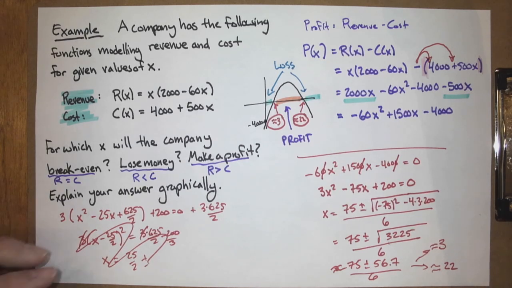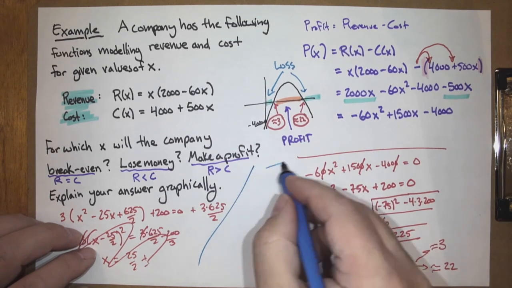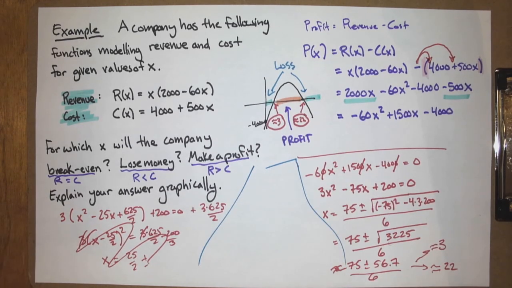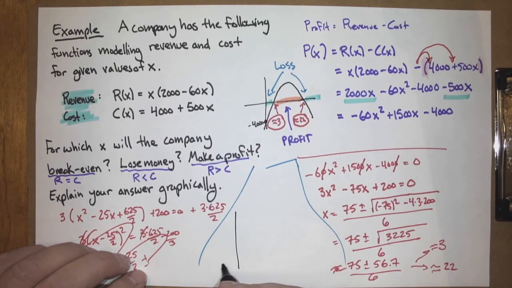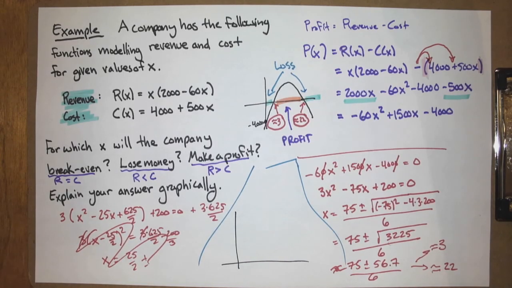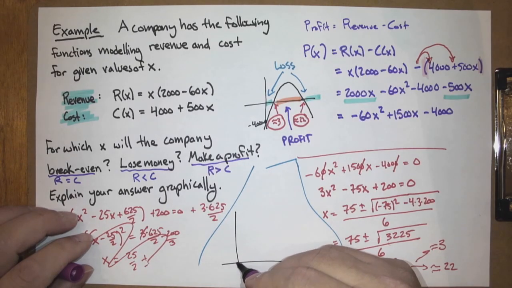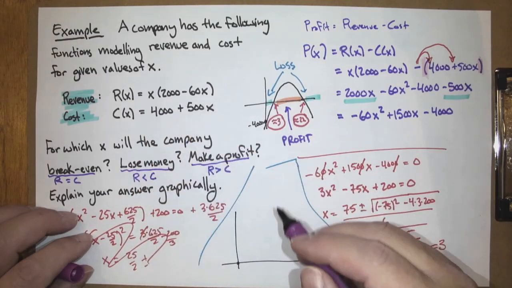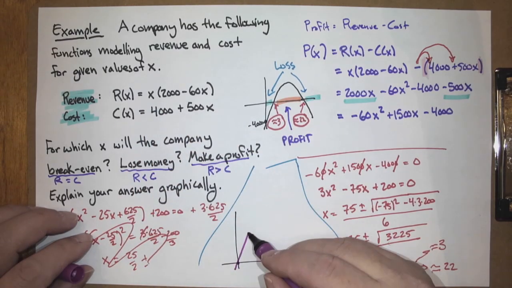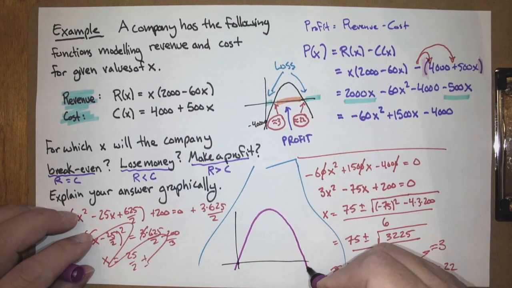You could also see this graphically in a slightly different way, which is you could say, well, we have our two functions here. We have our revenue function and our cost function. Our revenue function happens to be an upside down parabola, and it looks something like this.